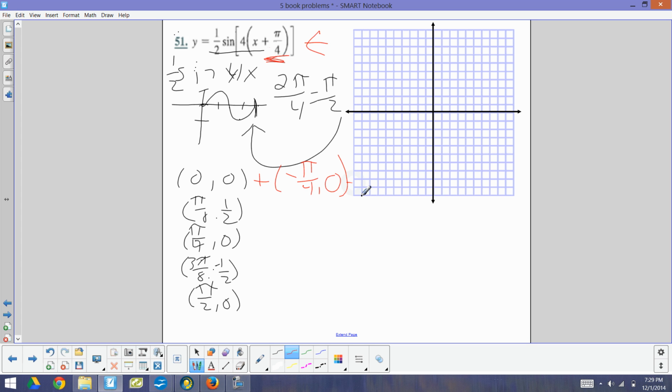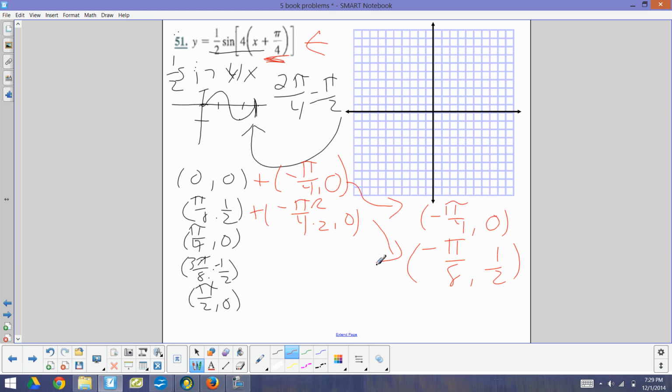So my first point then would be negative pi over 4, 0. I'm going to do the same thing to the next point. Common denominator would be 8. So if I multiply top and bottom by 2, I'll have negative 2 pi over 8 plus pi over 8 would give me negative pi over 8, 1/2.